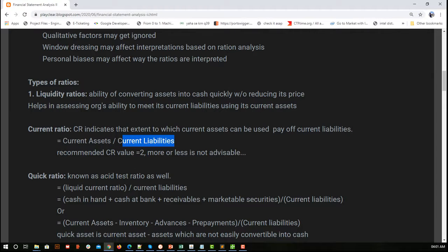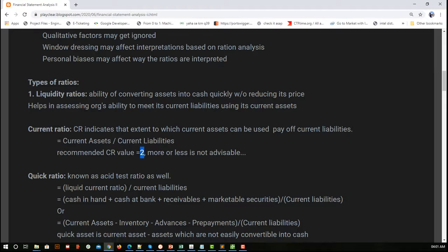So if I have 400 worth of assets and 200 worth of liabilities, it means if an issue comes up and I need to pay something very soon, the company has the ability to pay it off. That is one interpretation. The other interpretation could be that the company has a good amount of assets and a certain liability, and the interpretation will again vary. Here the recommended value of the current ratio is 2.